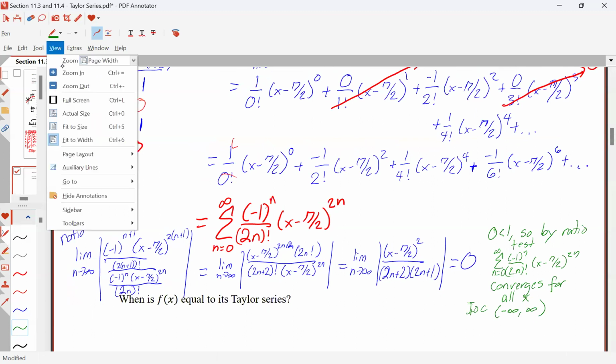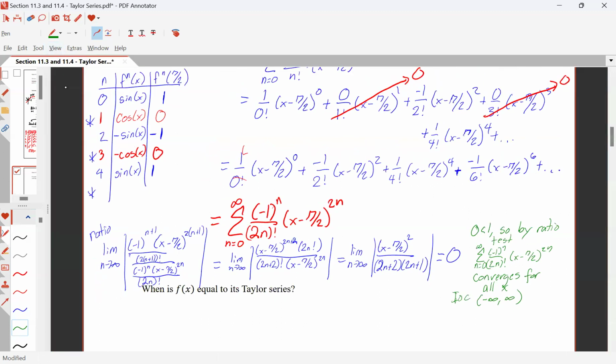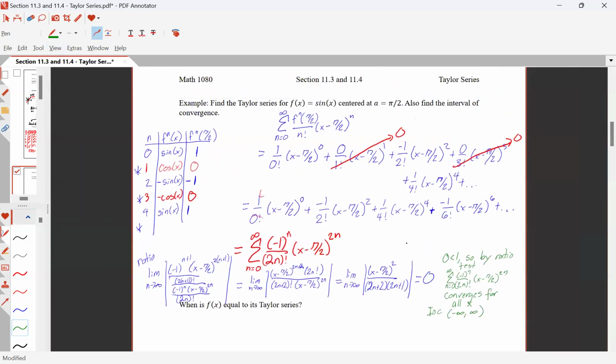So the Taylor series for sine, centered at pi over 2, converges for all x. There is our second example of finding a Taylor series.